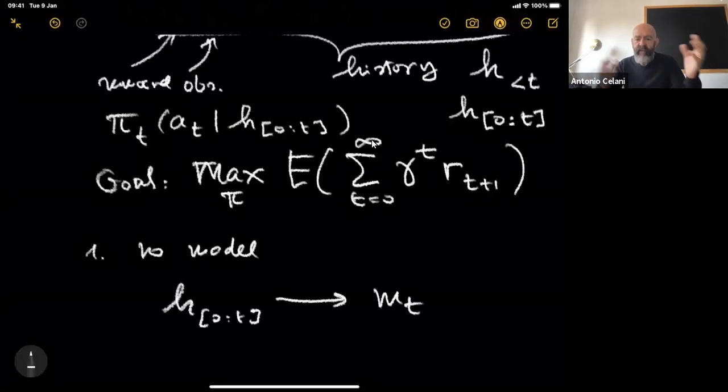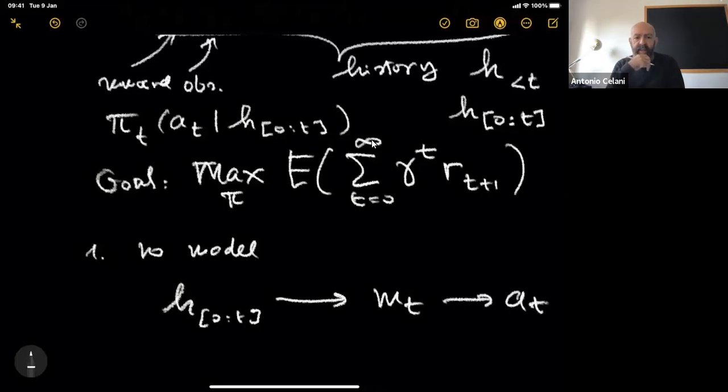You might think of a physical memory of a computer in which, instead of having these exponentially large records, you compress them by some method, or erase everything that happened 10 steps before, like a stack memory, or you just filter out something. So any kind of processing that compresses your information and puts it into a memory. And then from the memory, you decide what to do about your action. So this is one possible way to go.